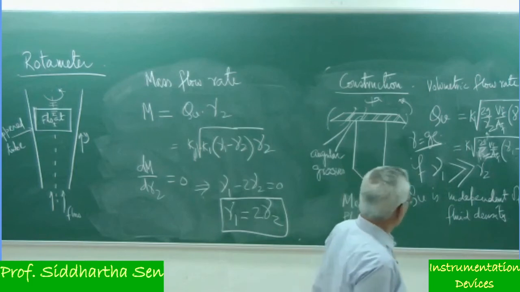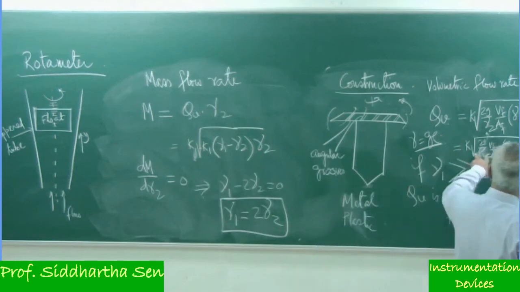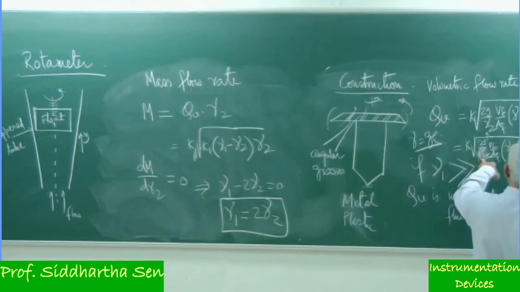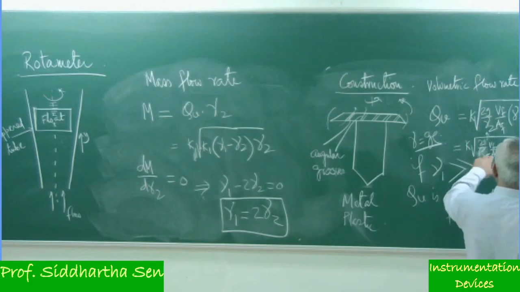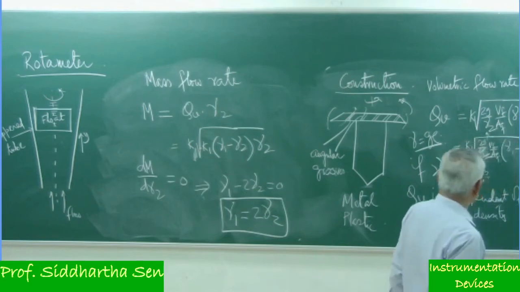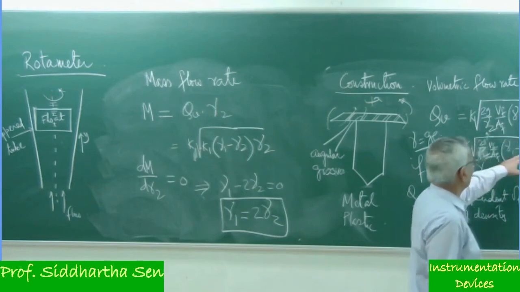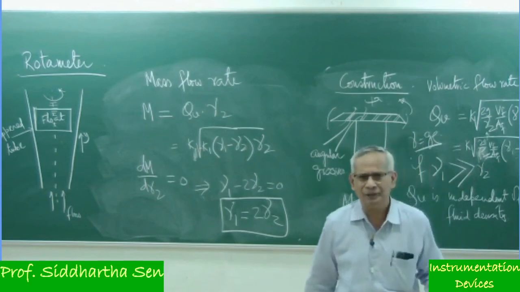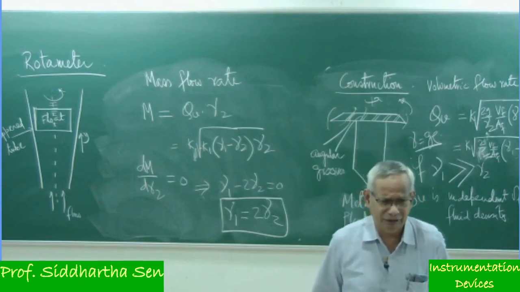Oh, you mean to say that even if you make the gamma 2 change there, at the same time in the denominator also rho 2 is varying. Yeah, I agree with your point, but you see gamma 2, how much does it change, 5%, 10% or so.